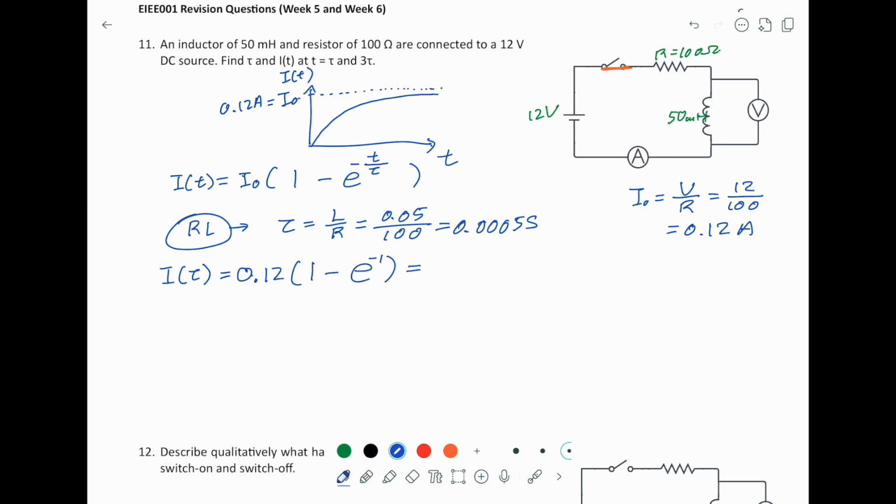Plug this into a calculator, you get 0.076 ampere. When the time is equal to 3 time constants, 0.12 times 1 minus e to the minus 3, and plug this into your calculator, you get 0.114 ampere.